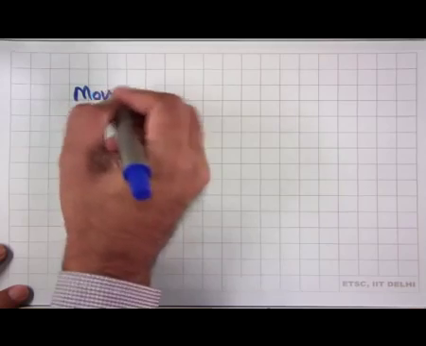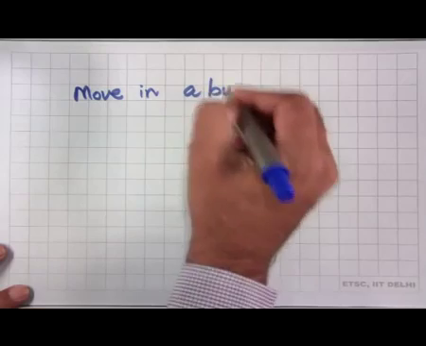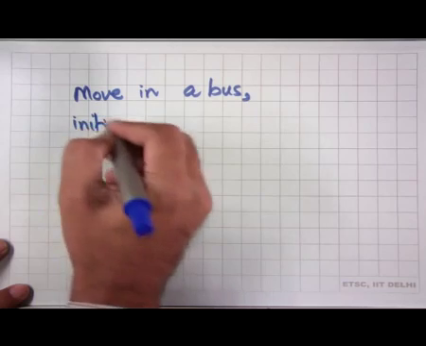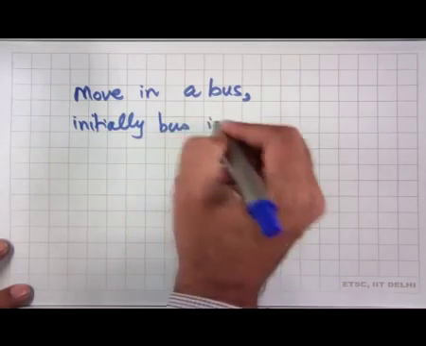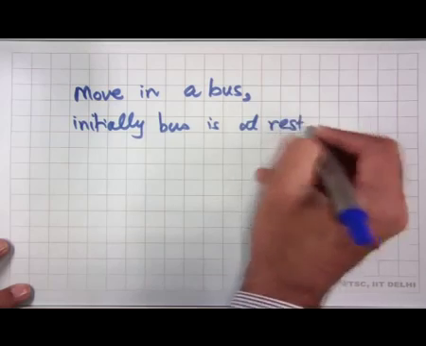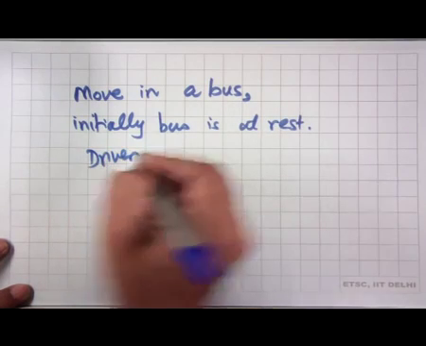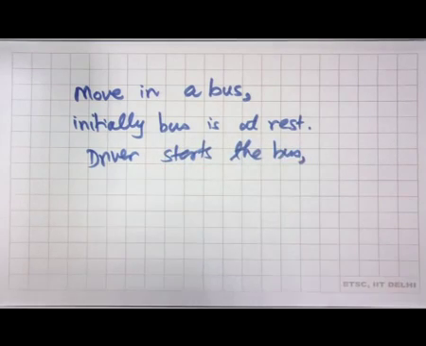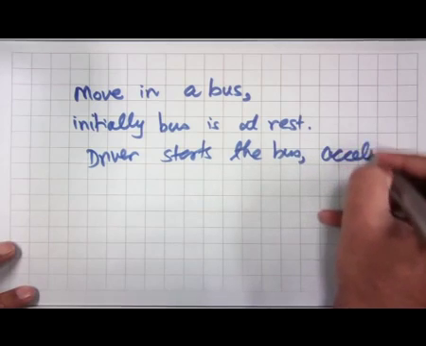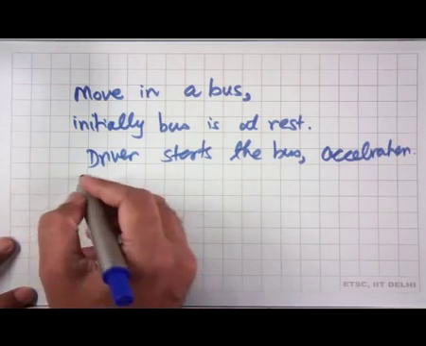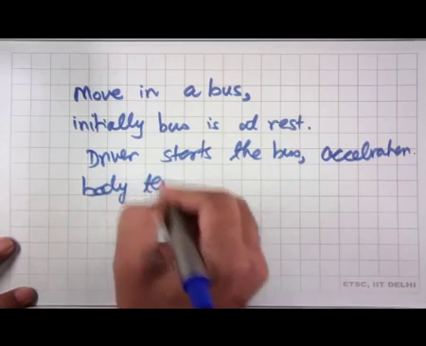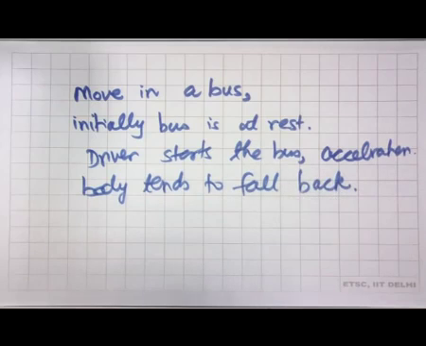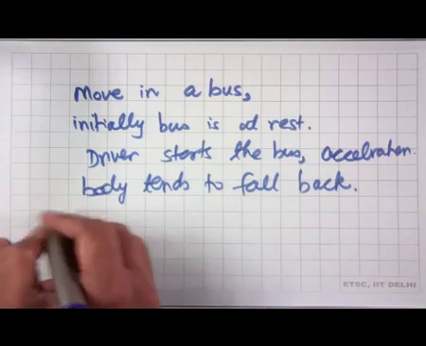Suppose we are moving in a bus, and initially the bus is at rest, and as the driver starts the bus and puts in a sudden acceleration, it is observed that the body tends to fall back.